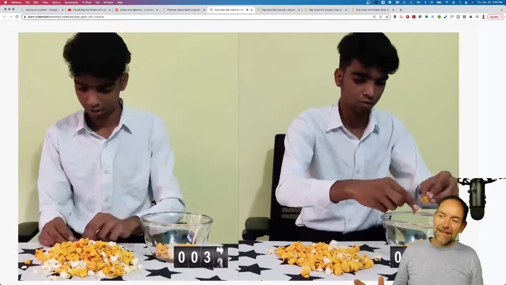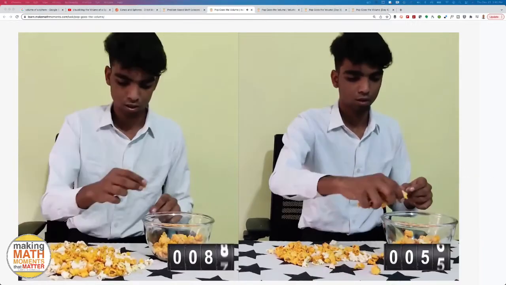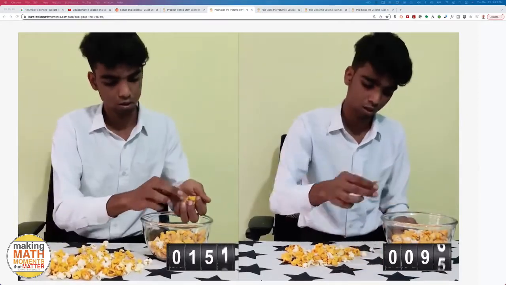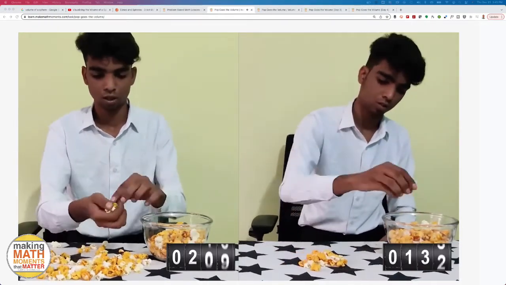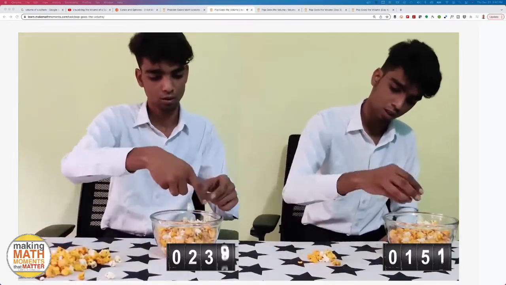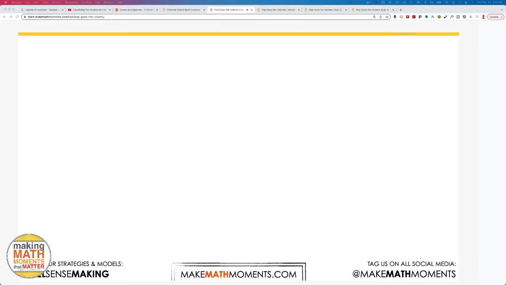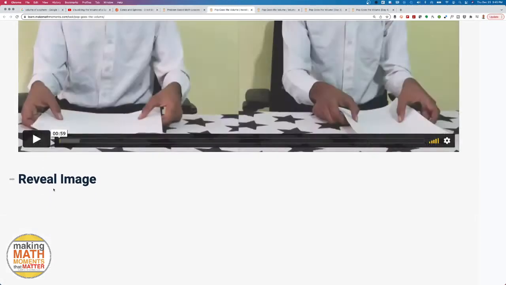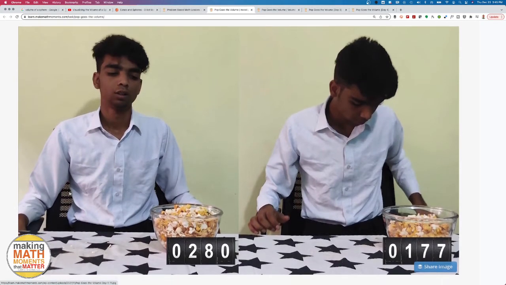Most students can see that the cylinder on the left appears to have more popcorn kernels, but we're going to count these out so that students have a very clear understanding that the cylinder on the left has significantly more popcorn kernels than the cylinder on the right.